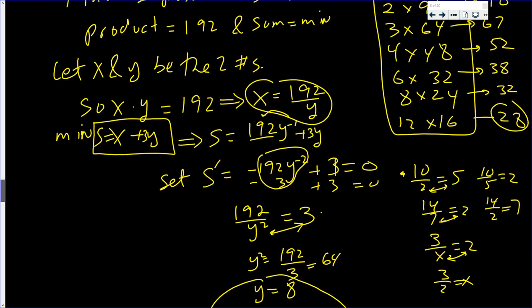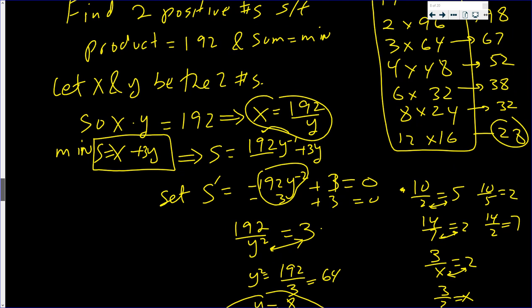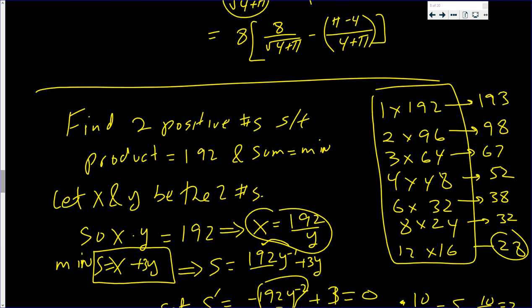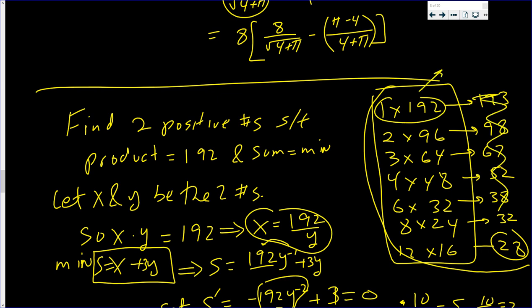Now, what I wrote on the right here was not correct, because when I added them, those were the wrong sums. For that pair, I was supposed to do 1 plus 3 times 192.